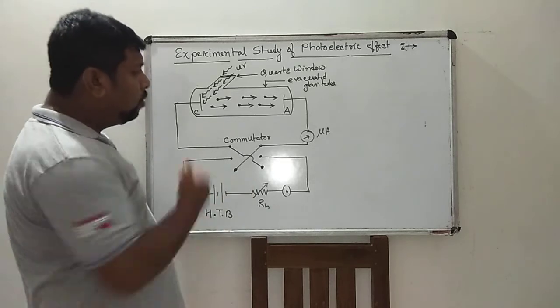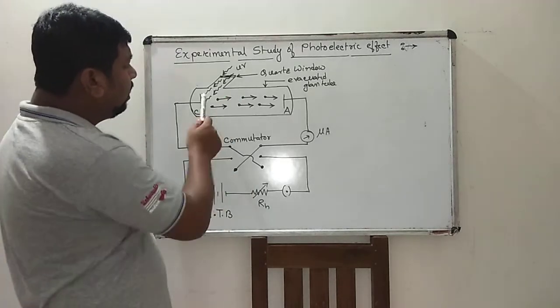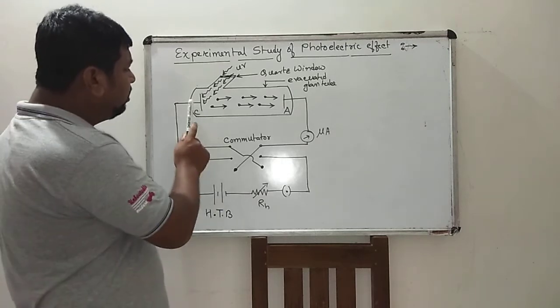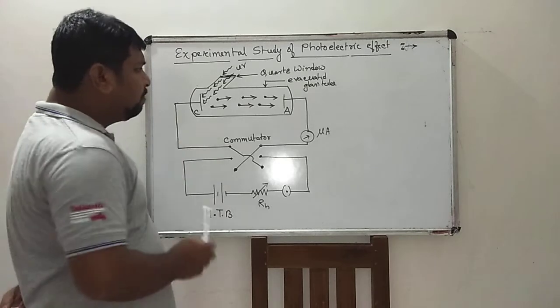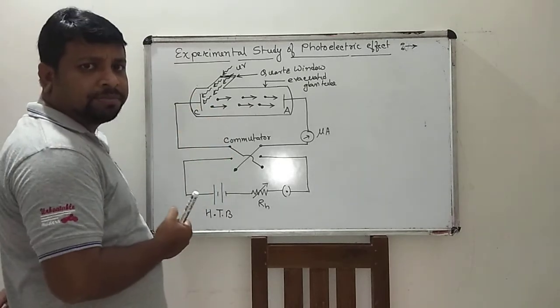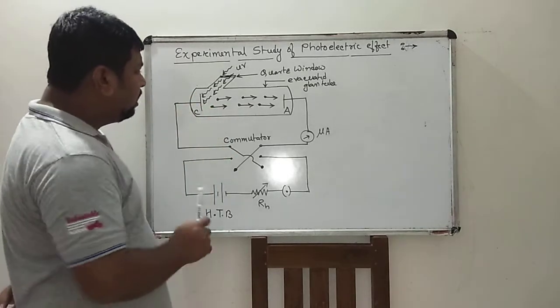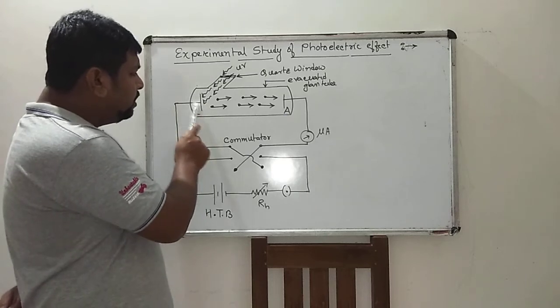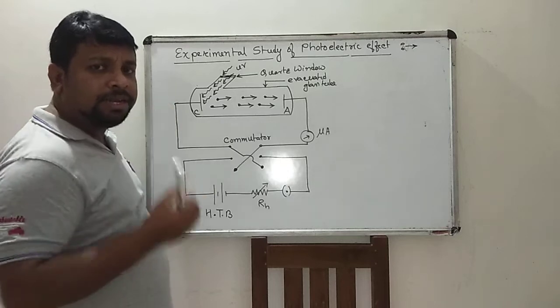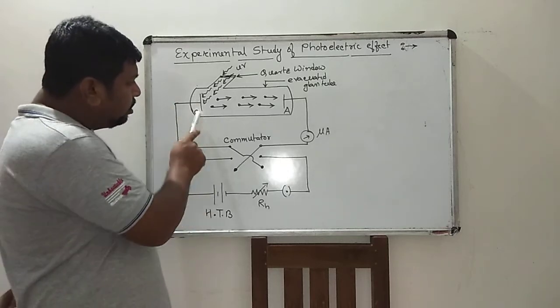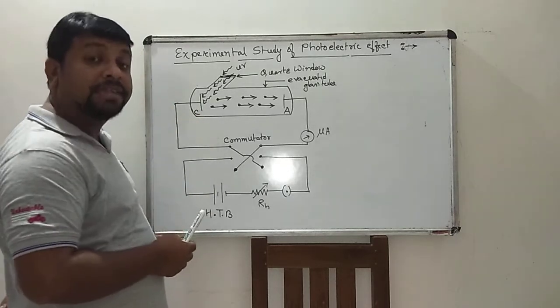So what happens? When ultraviolet light rays are incident on this metallic plate, the plate absorbs this energy. Due to the absorption of ultraviolet radiation, the electrons of the metallic plate are excited.